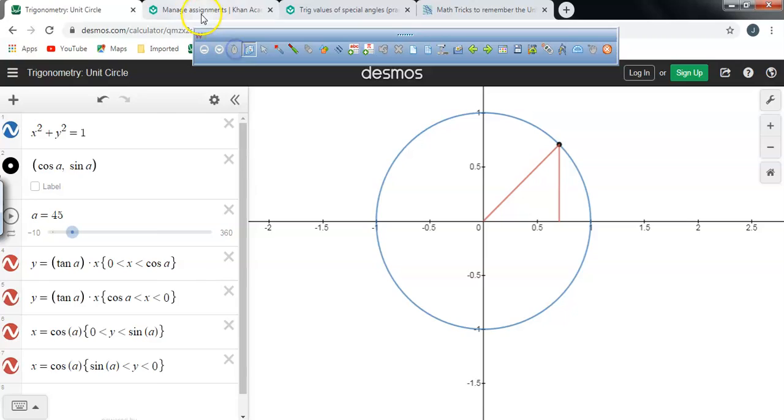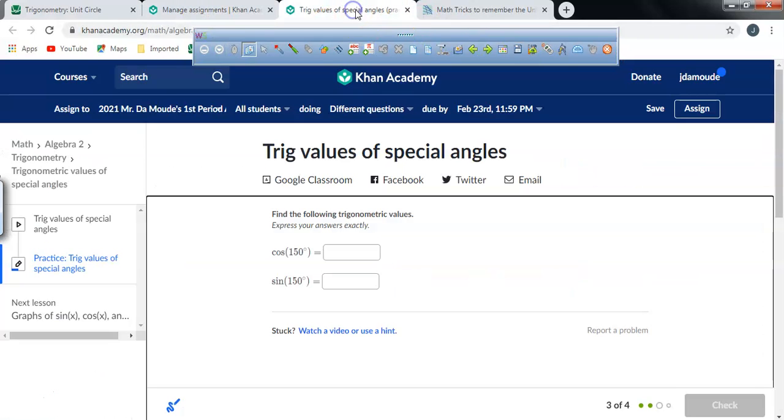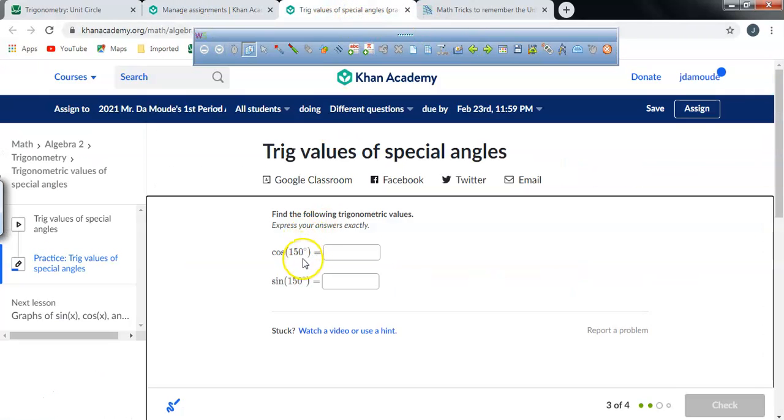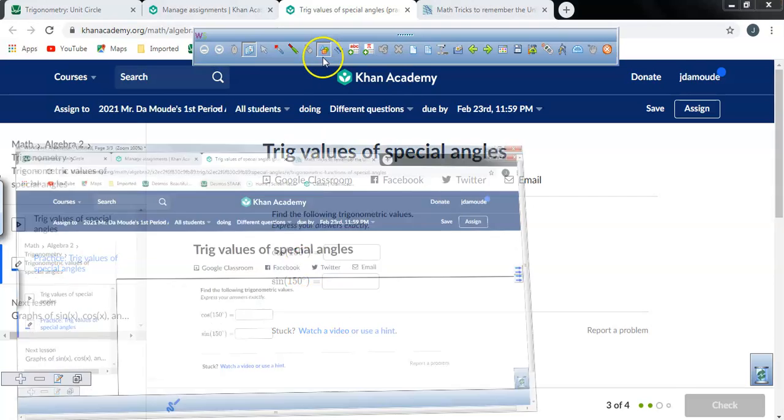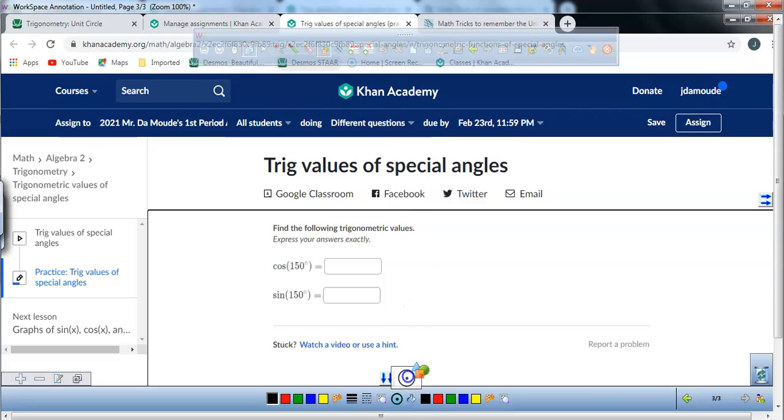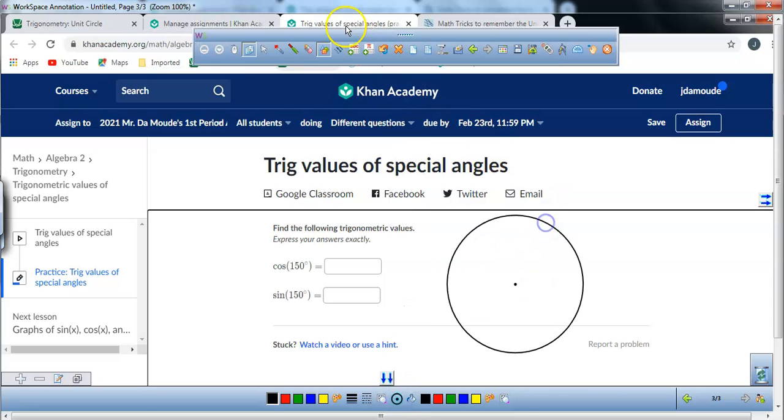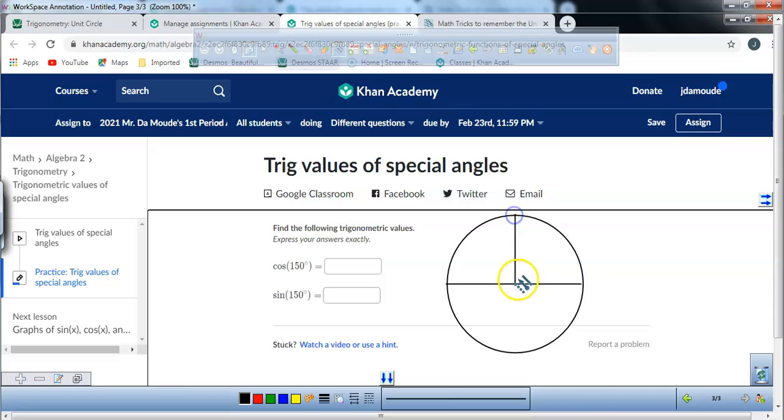So when the Khan Academy asks you for what is the cosine of 150 and what's the sine of 150, automatically what I think about is the unit circle. So I just, in my mind, thinking of the unit circle, draw one real quick.